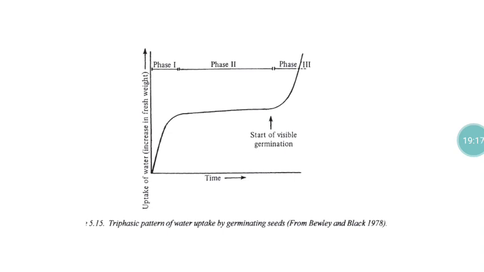I will come to that later. Now we will discuss up to this. Whenever the seed system has turgor pressure in action, the water intake attains a constant plateau. This area we will discuss in the upcoming slides.